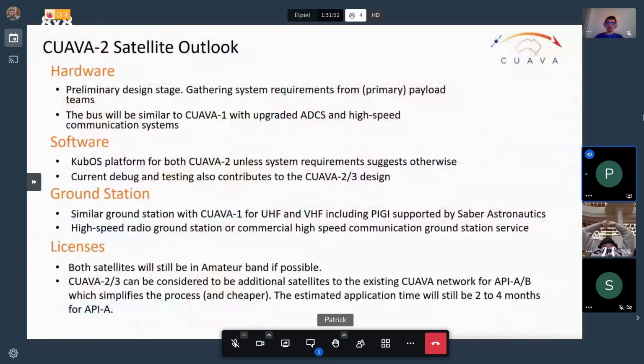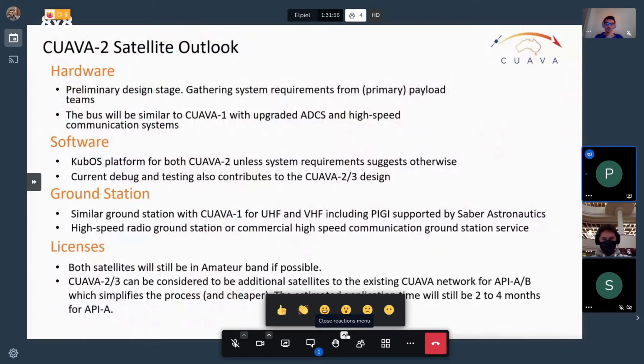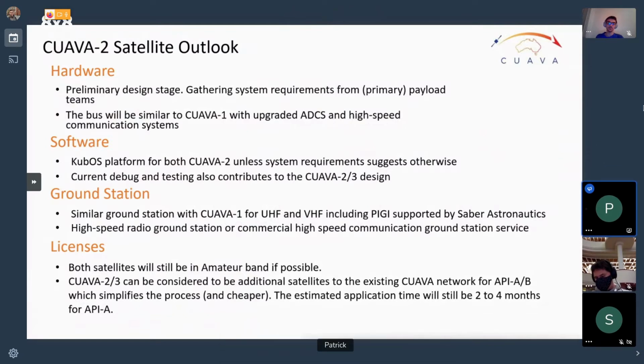All right. So as all this is happening, trying to get the communication with our first satellite to work, or at least hear a signal of life from it, any kind of beacon that is running on it, we're also already working on our next satellite, CUAVA-2, which will be bigger than the first one. It will be a 6-unit CubeSat.